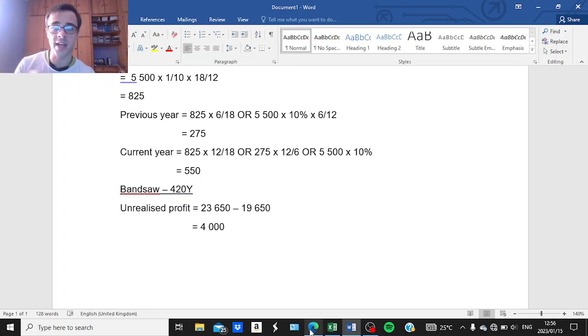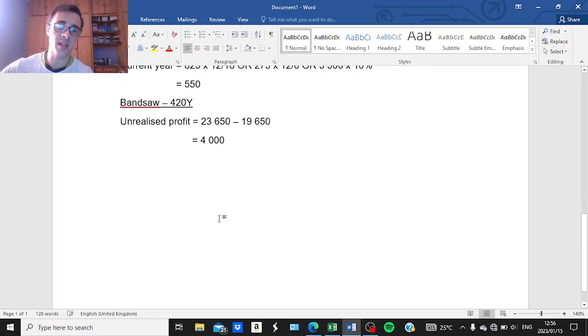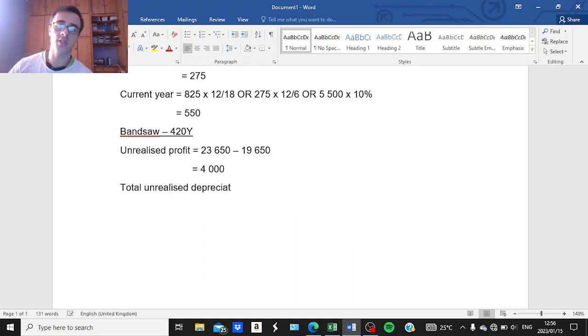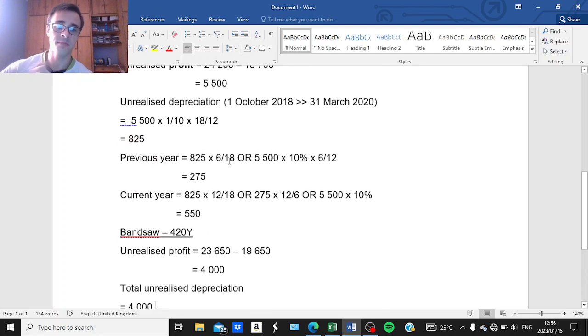Again, because this was made on an intergroup transaction, it has not been realized outside the group, and it needs to be eliminated for consolidation purposes. The total unrealized depreciation is also calculated from the 1st of October 2018 to the 31st of March 2020, just as we have calculated this one.